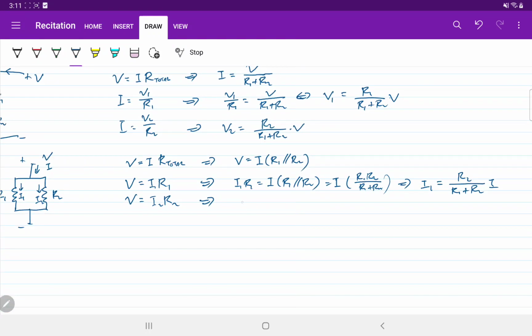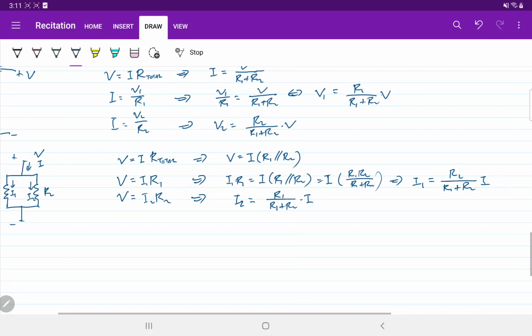The same thing here, you can show that I2 is R1 over R1 plus R2 multiplied by I. Okay, so notice that this equation, I1 is R2 over the total resistance multiplied by the total current.